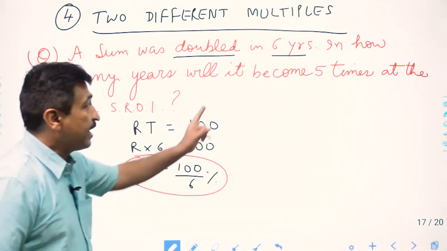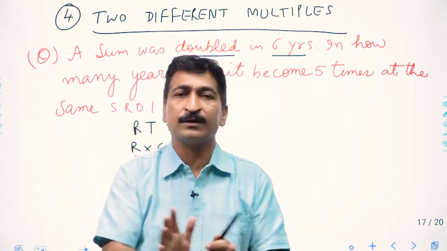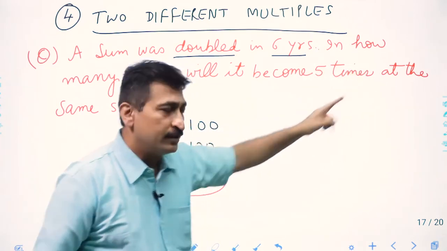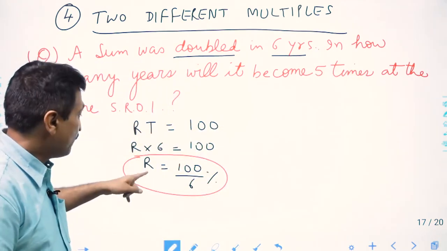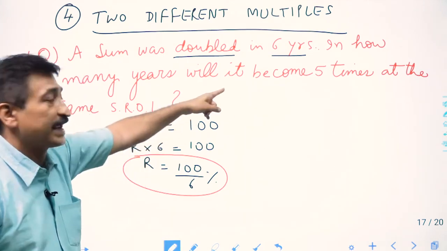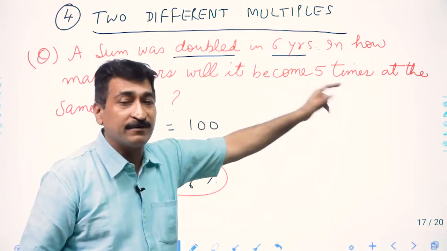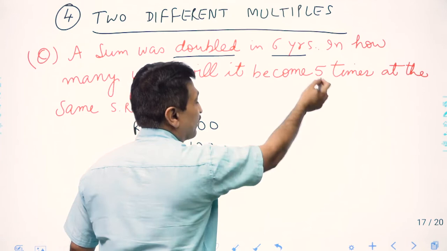Now at the same rate of interest, it is like this, that you are given 2 questions in one question. For the given first data you have calculated the rate as we have done before. Now we will apply this rate to the second data. At the same rate of interest, in how many years will it become 5 times? So now you want the money to become 5 times.